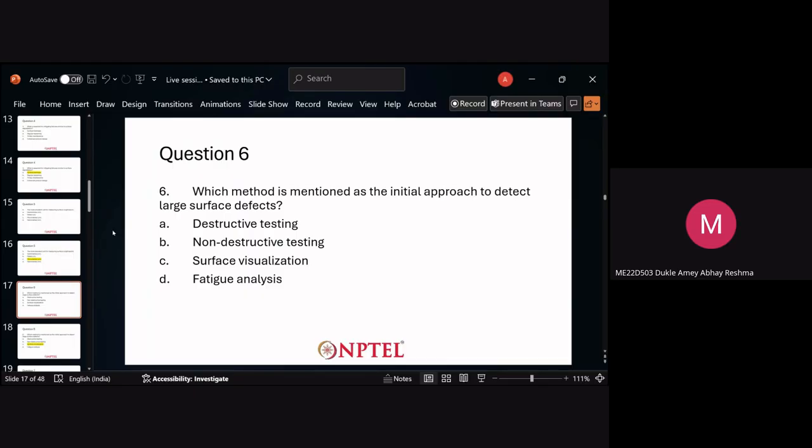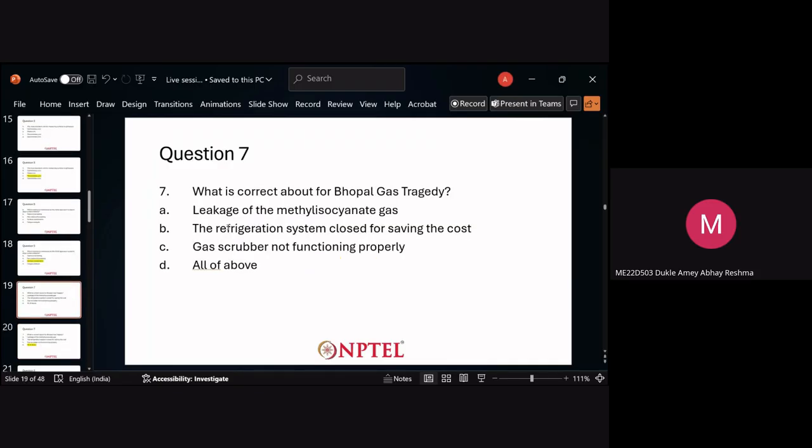So obviously, when you are trying to detect the large surface defect, your answer should be surface visualization. I hope these answers are clear. The next one: which of the following is correct about the Bhopal gas tragedy? Leakage of methyl isocyanate gas, refrigeration system closed for saving the cost, gas scrubber not functioning properly, all of the above.